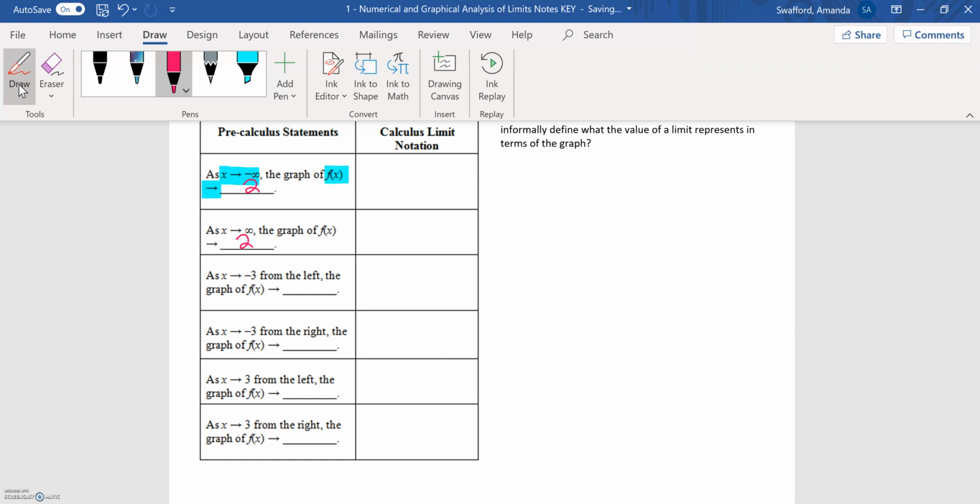Our limit is 2. So basically, whatever y value you're approaching is your limit. That is one way we could informally define what the value of a limit represents. Basically, as we approach some x, the limit is the y value that we're approaching. Not necessarily the y value we reach, but the y value we're approaching.